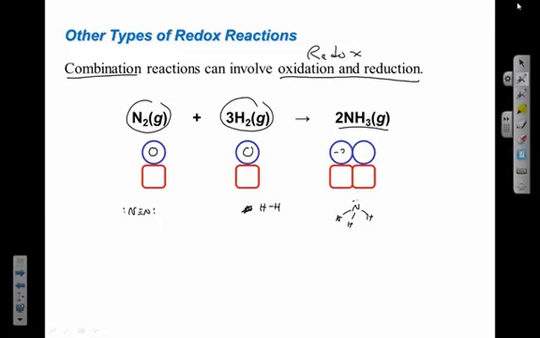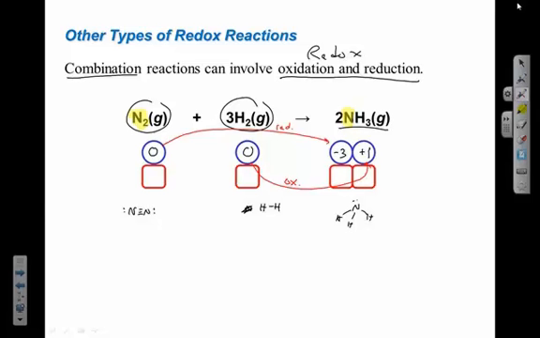Here the nitrogen was a -3, and here each hydrogen was a +1. Right? So we got the oxidation numbers already. So is it a redox reaction? Yes. I can tell that because for each element, one at a time, I look at the nitrogen. Its oxidation number is changing. It's decreasing. That's a reduction. Then I look at the hydrogen. Its oxidation number is also changing. It's increasing. That's an oxidation.